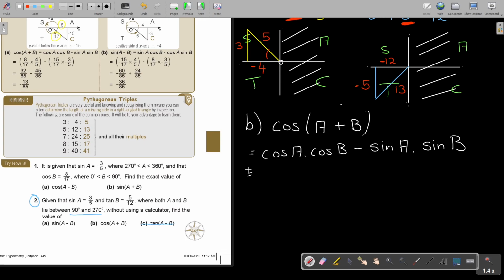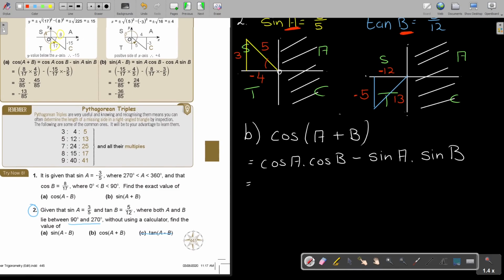Okay, and now I start filling it in. So cos A, cos is adjacent over hypotenuse, so it's negative 4 over 5. Cos B is adjacent over hypotenuse, so it's negative 12 over 13, minus sin A, so it's opposite over hypotenuse, 3 over 5.